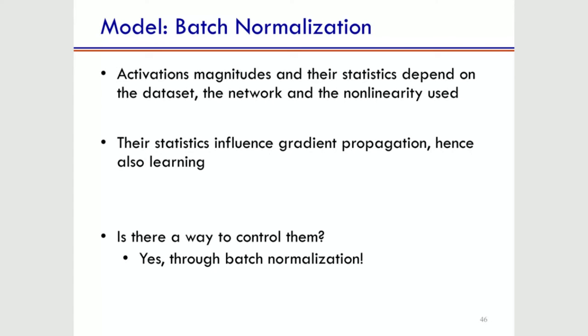So at least one motivation was that these activation magnitudes, ReLU's outputs, are not very controlled. Of course, they are lower bounded by zero, but they can be large, arbitrarily large.